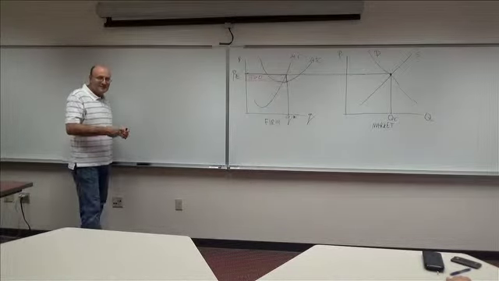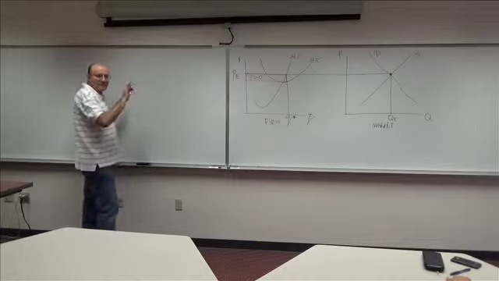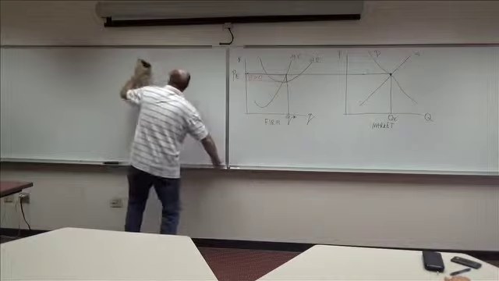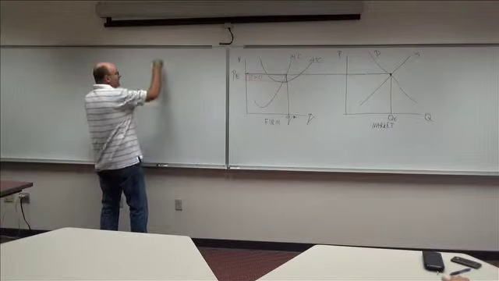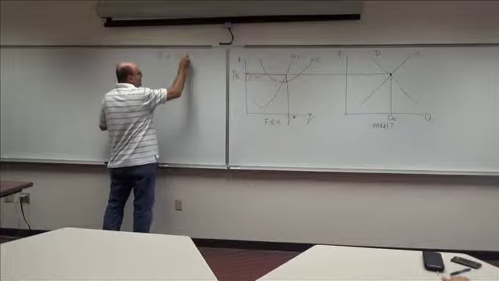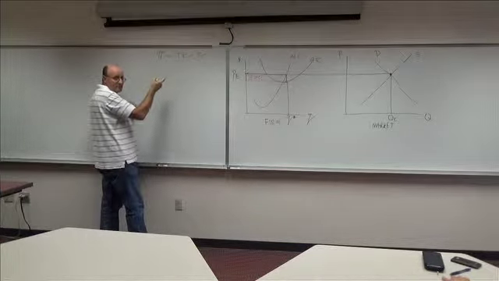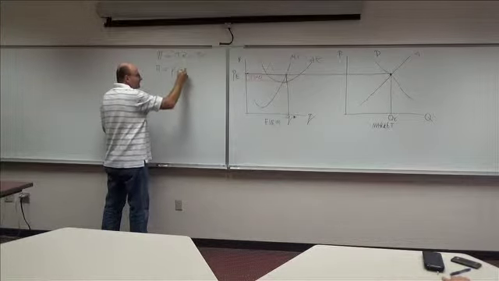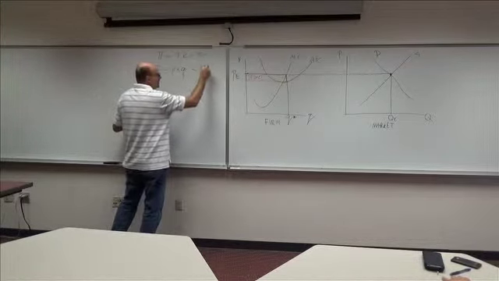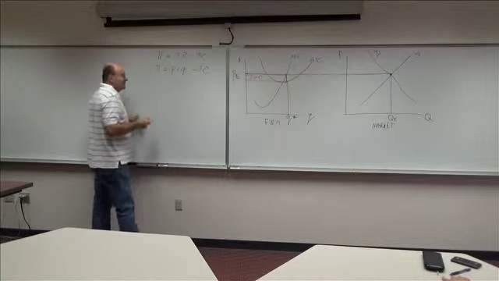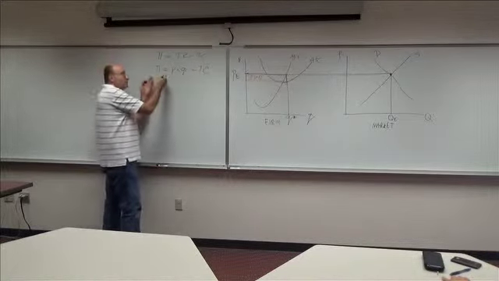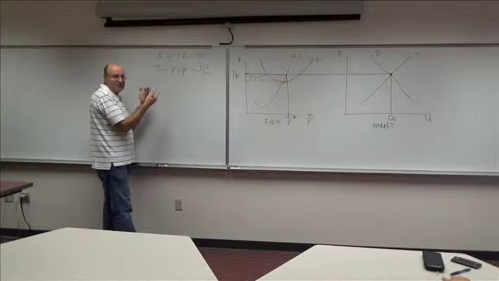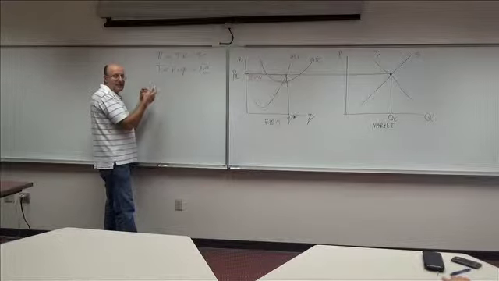Now, I'll drag you through exactly two lines of algebra and everything will come out of it, okay? We know that profit is total revenue minus total cost, correct? We know that total revenue is price times quantity, correct? Now, is it legit to divide both sides of the equation by Q? Is that an equivalent operation?